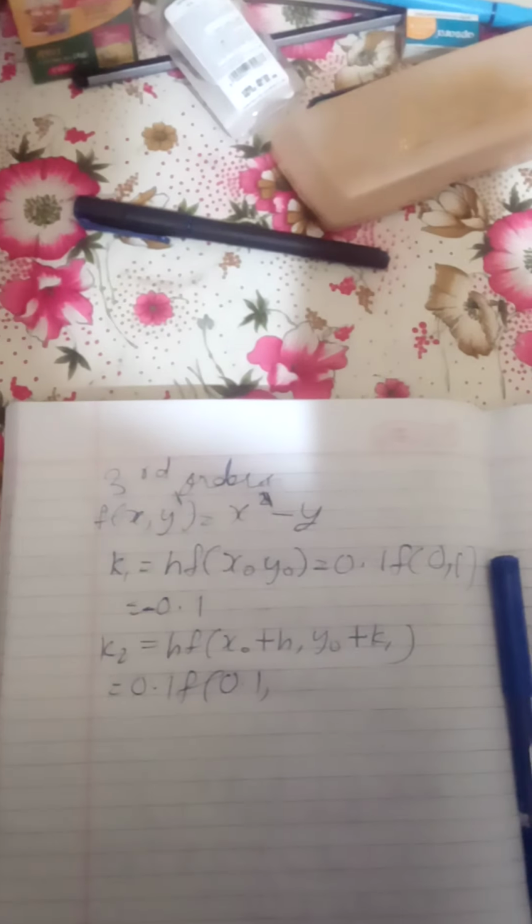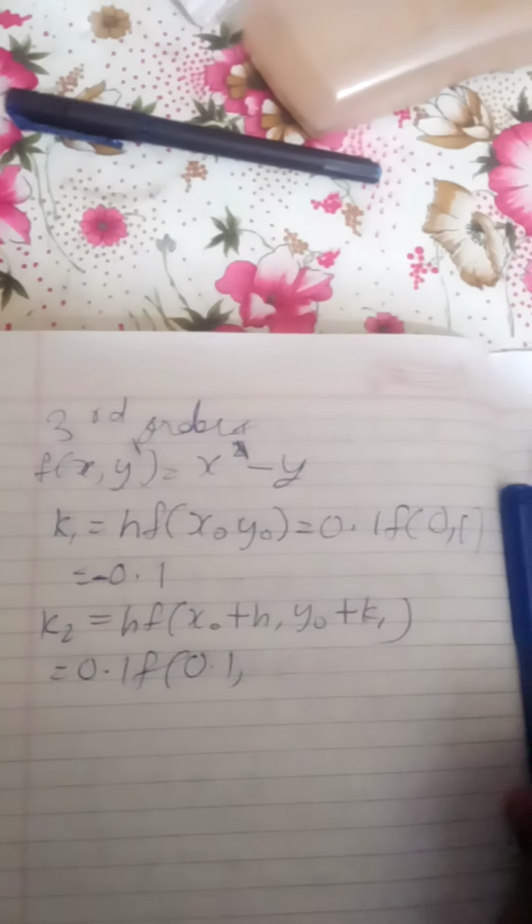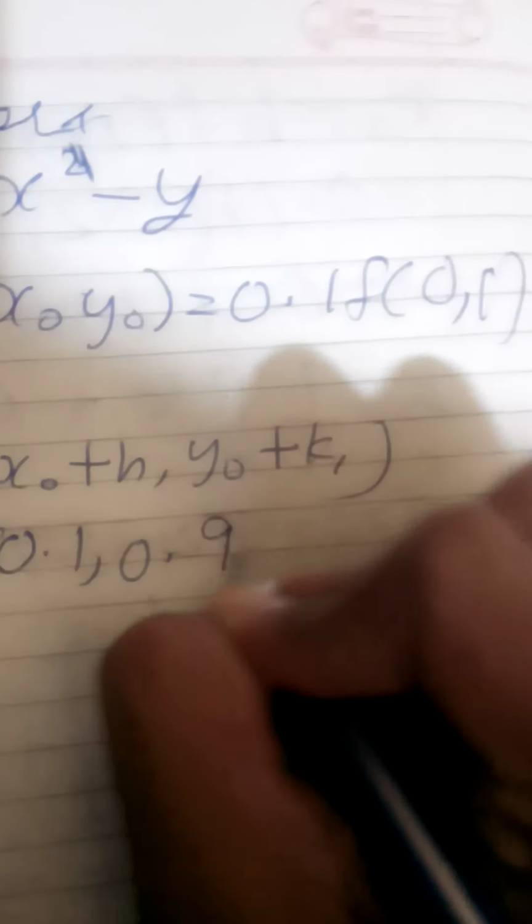Now k2 is equal to h into f of x naught plus h and y naught plus k1. So 0.1 into f. How much is 0 plus 0.1? 0.1. Now let us calculate y naught plus k1. So it is 0.9.